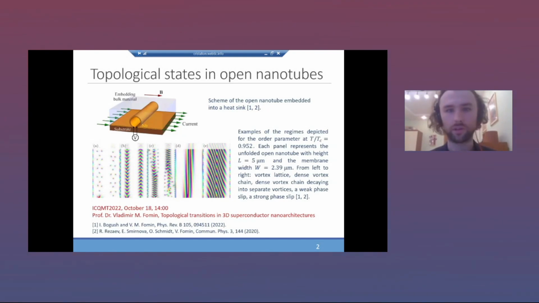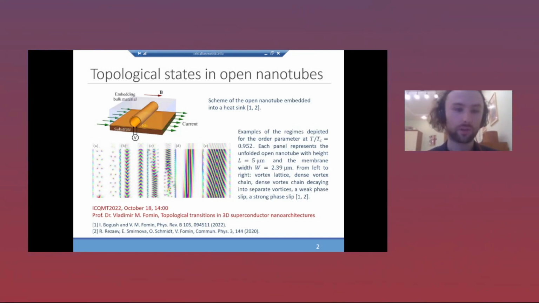Usually we take niobium nanotubes with 5 micrometer length, from 200 to 400 nanometers radius and 50-60 nanometer thickness.